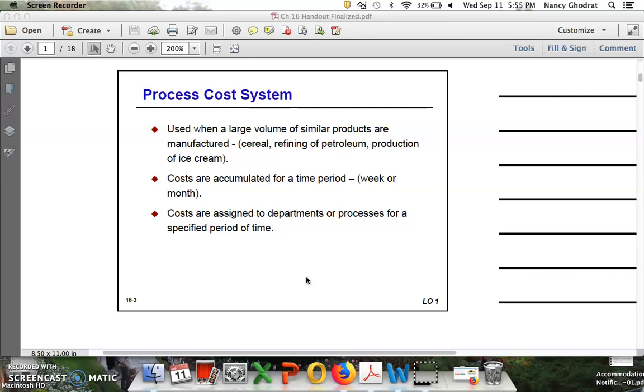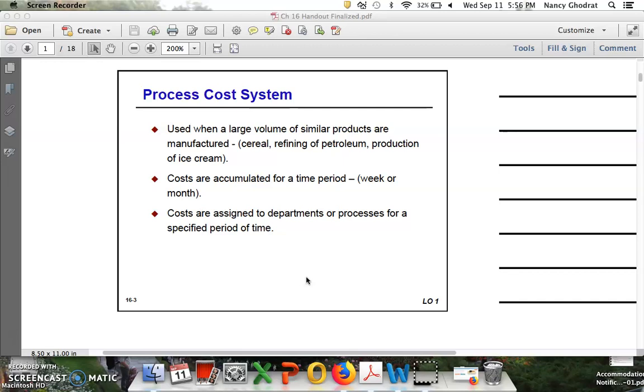Every soda can is similar to the other one, and the production goes on continuously. It doesn't stop. So in order to accumulate how much we spend producing those cans, since the production is continuous, we have to look at just a specific time period, like a month or a quarter or definitely a year.